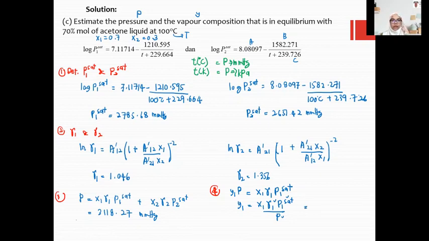So just insert the values. X1 is 0.7. The value of Y1 is 0.65. Or if you need the second component, 1 minus 0.65 equal to 0.35. So we can solve this.